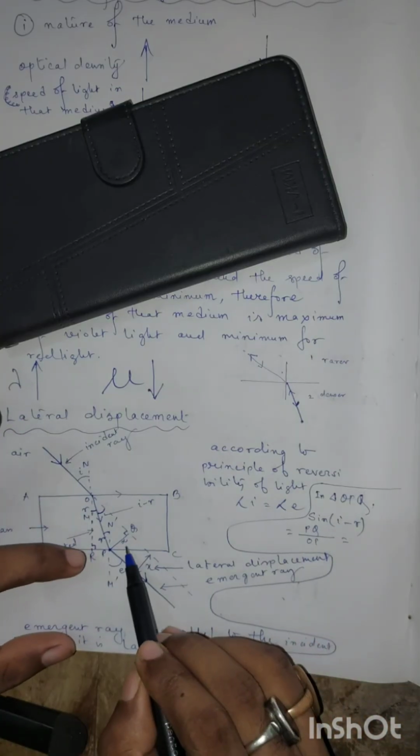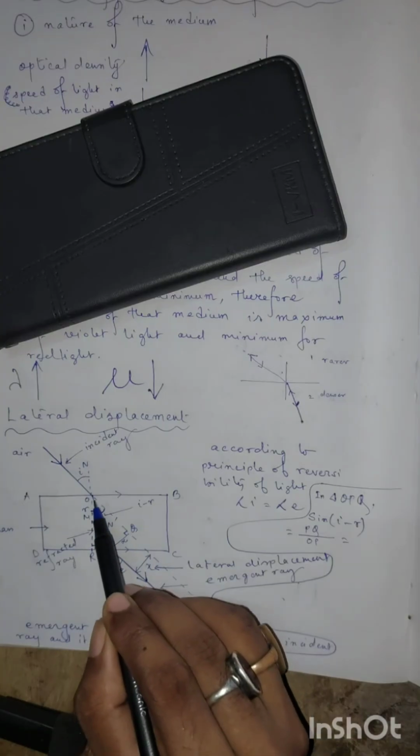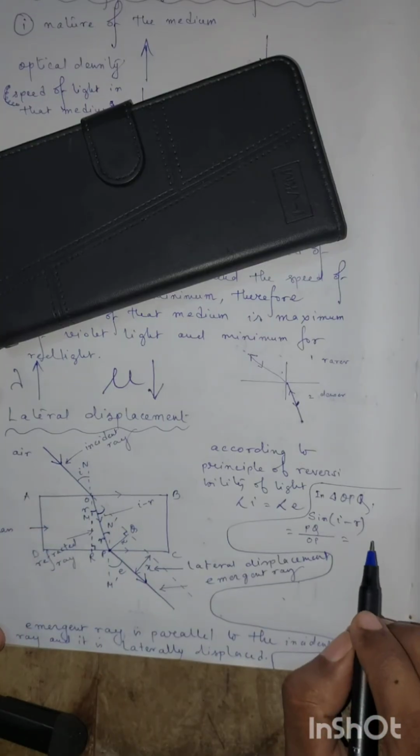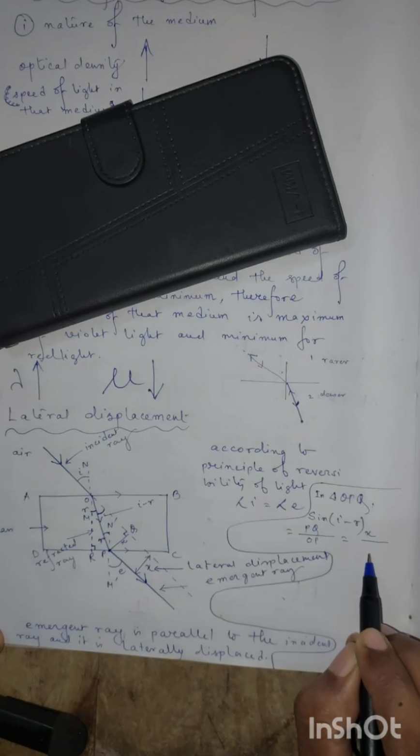Perpendicular by hypotenuse. PQ by OP. So PQ is equal to X and it is OP.